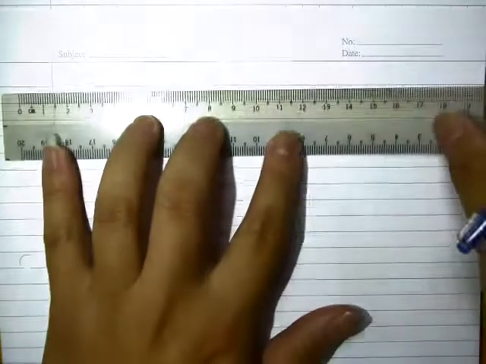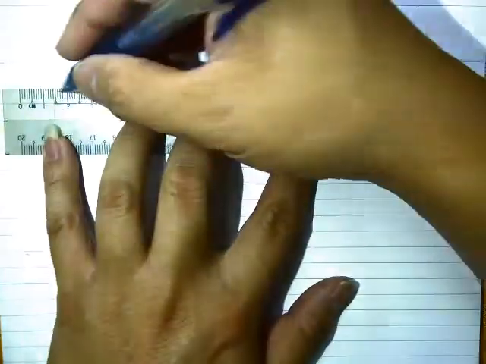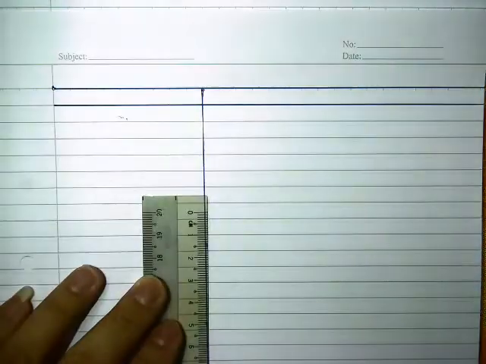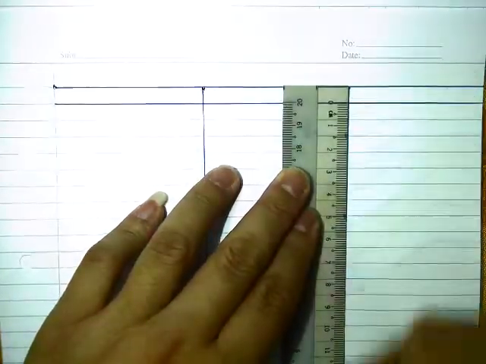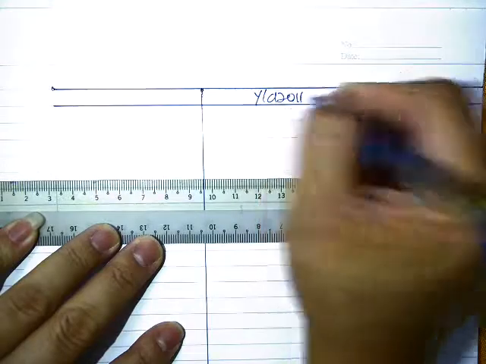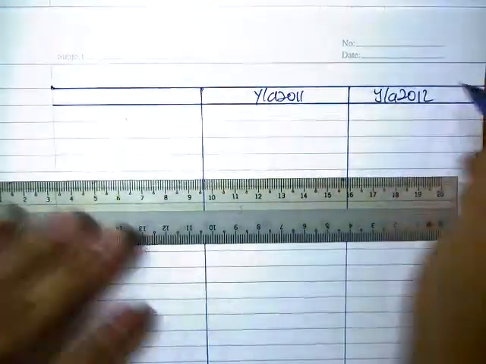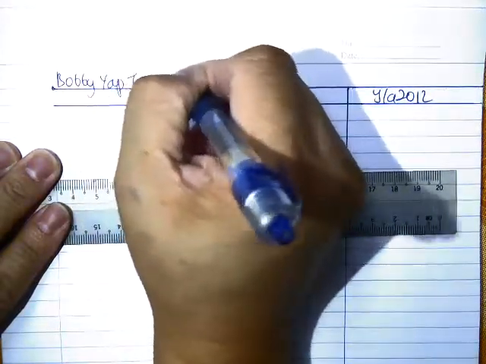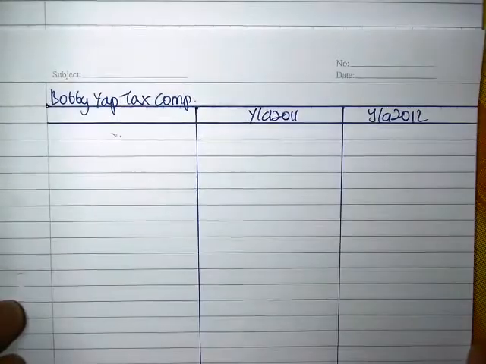Alright, so we're going to try answering this question. I'm going to show both years of assessment together, 2011 and 2012.